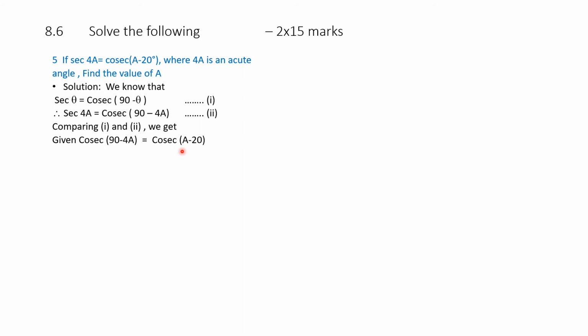Therefore, comparing, 90 minus 4a is equal to a minus 20. Therefore, if you take 4a on the left side, it becomes 5a. 90, a minus 20 when taken on the right hand side becomes 20 plus 90. Therefore, a is equal to 110 by 5, that is a is equal to 22 degrees. That is the answer. It is a 2-mark question.